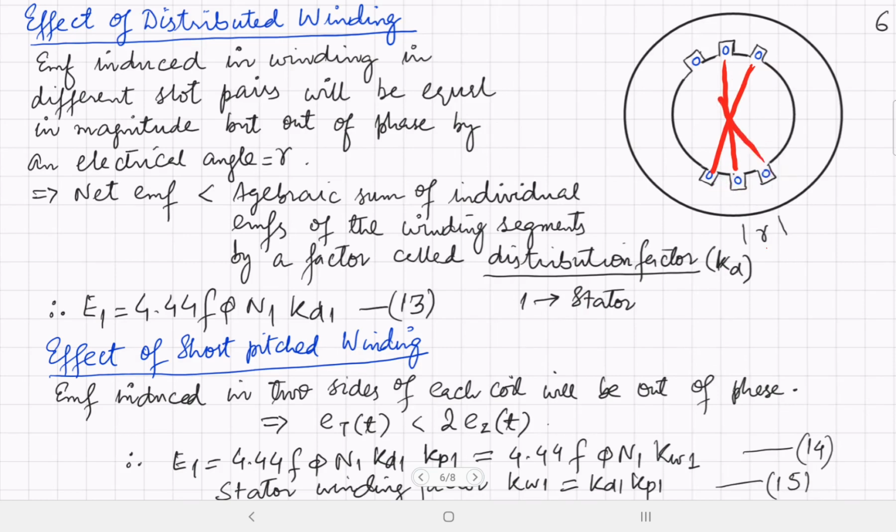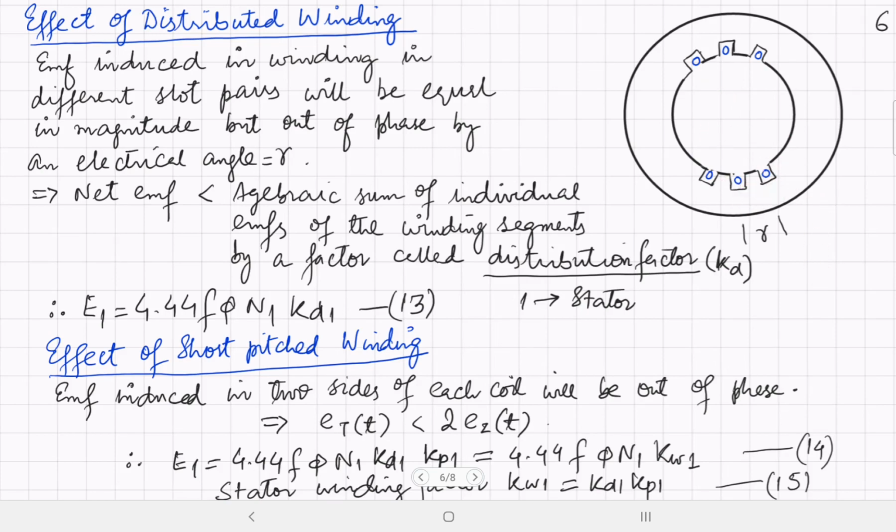Similarly, for the third coil, and because of the phase difference between the EMFs induced in different parts of the same phase winding, what will happen? The net EMF will be less than the algebraic sum of the individual EMFs, because in AC it's not the algebraic sum which is taken, we take the phasor sum of the EMFs.